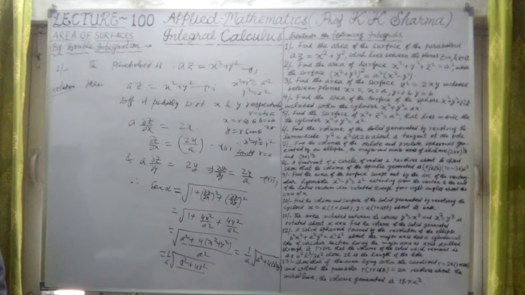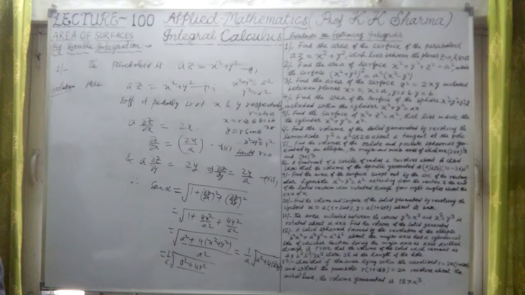Why? Because we have changed to polar coordinates, and r equals 0 to a. So this is a square plus 4r square here.